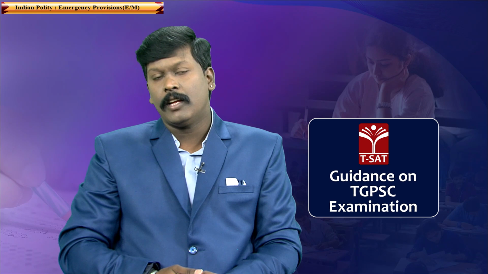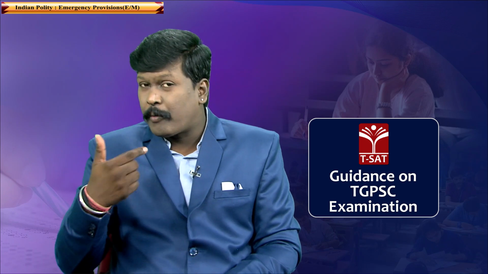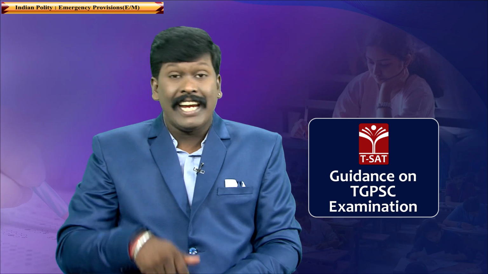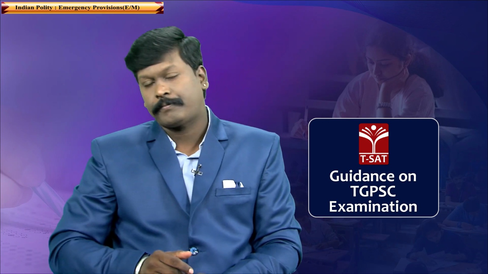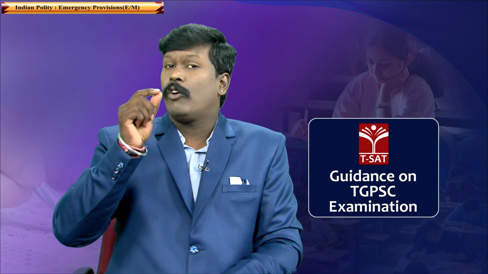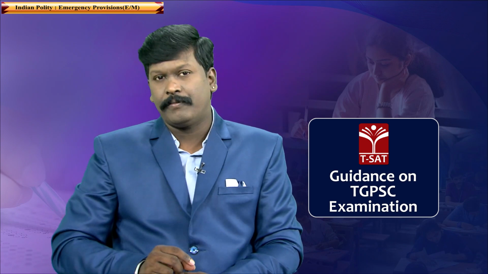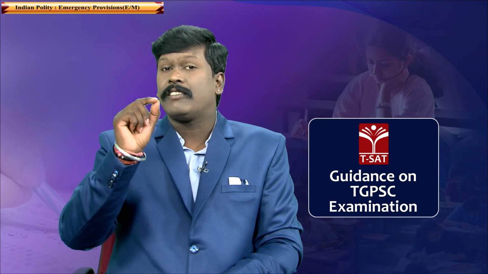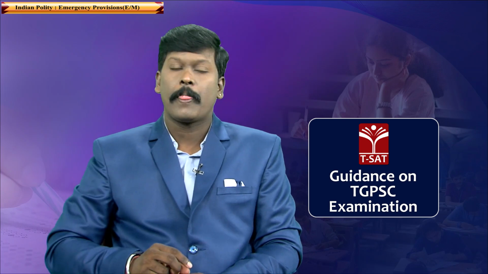Not only that, let me also tell you one more point. After President proclaimed the state emergency, it will be continued only if Lok Sabha and Rajya Sabha accept it. When Lok Sabha and Rajya Sabha accept it, like a national emergency, even state emergency continues for 6 months.